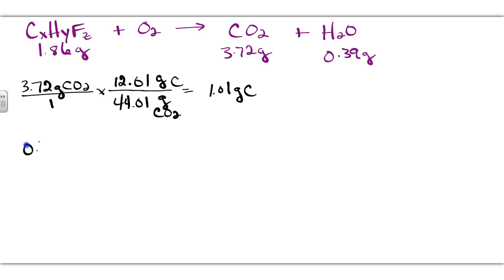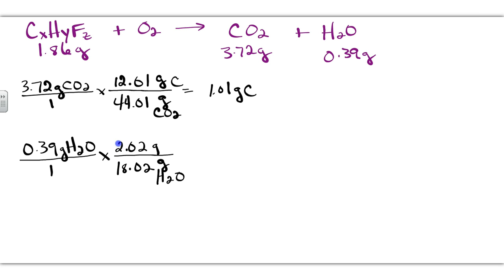Take my water, 0.39 grams of water, and do a fraction by mass: there are 18.02 grams of water and 2.02 grams of hydrogen in water. Doing that math, it equals 0.0437 grams of hydrogen.